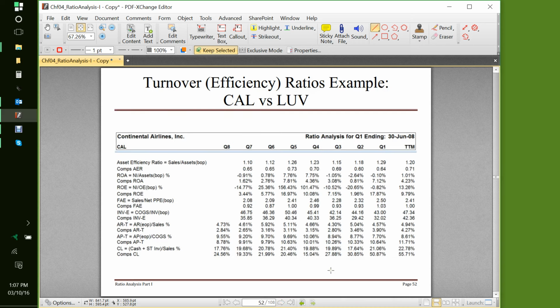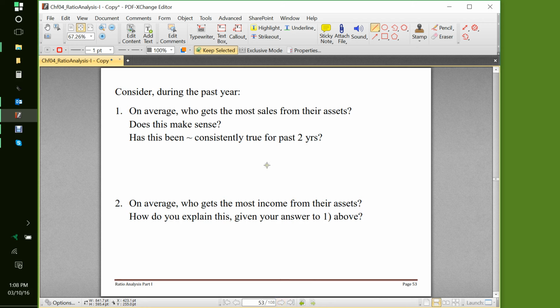Okay. All right. So now, finally, we've gotten through all of our turnover and efficiency ratios, and let's look at Cal versus Love and do some analysis of them using these ratios. First thing we want to know, on average, who gets the most sales from their assets? I want to point out again, during the past year, on average, that's going to imply TTM.